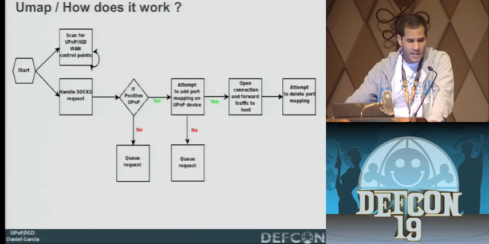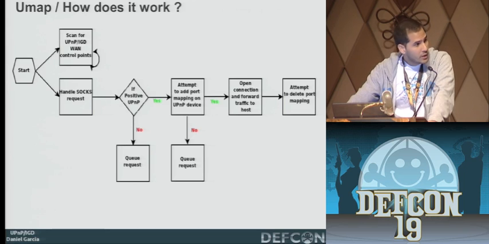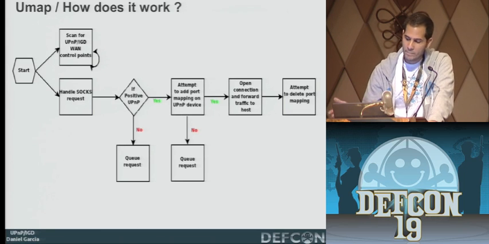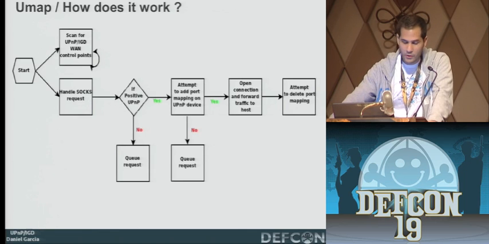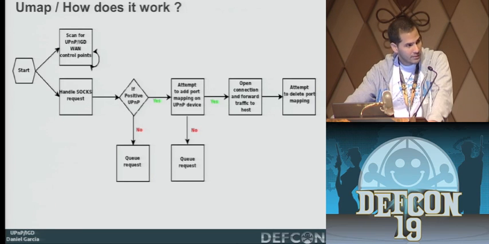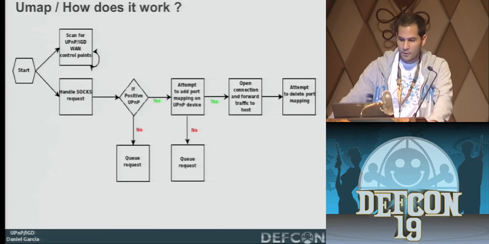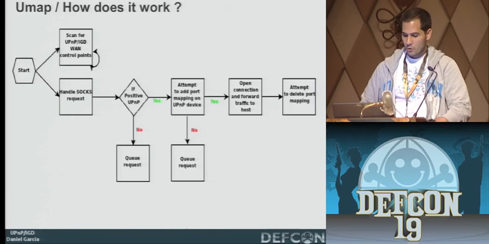And after that, it attempts to delete the port mapping. And this is very needed on UPnP because UPnP does not allow an infinite amount of port mappings. Actually, some devices allow as little as 10 port mappings at a time. So if we actually did a port mapping for every connection, we wouldn't have a very accurate or a very good connection.